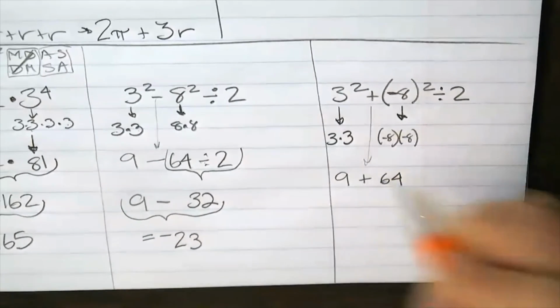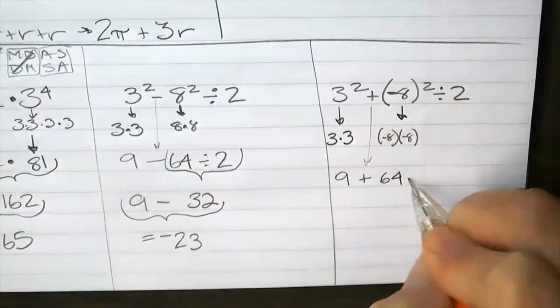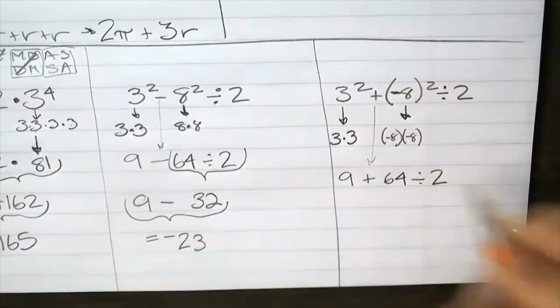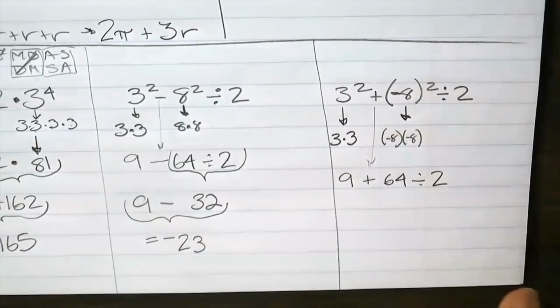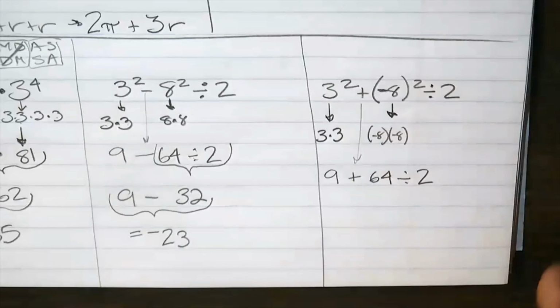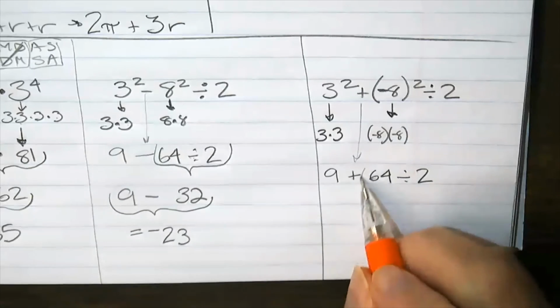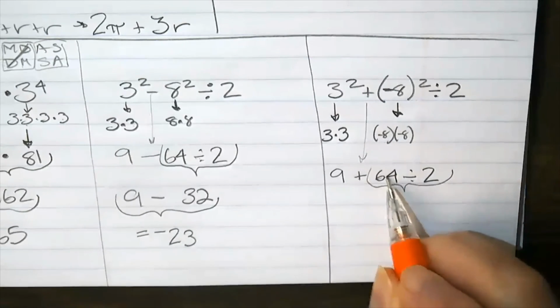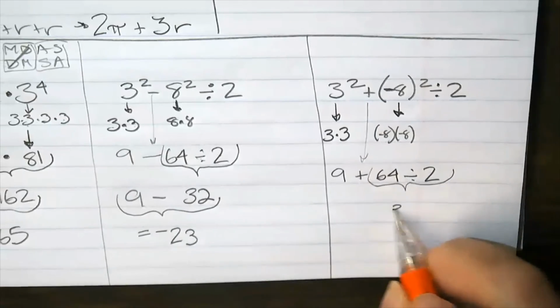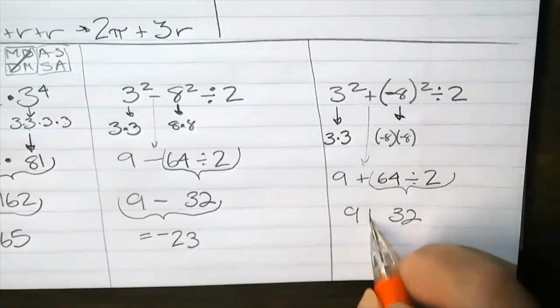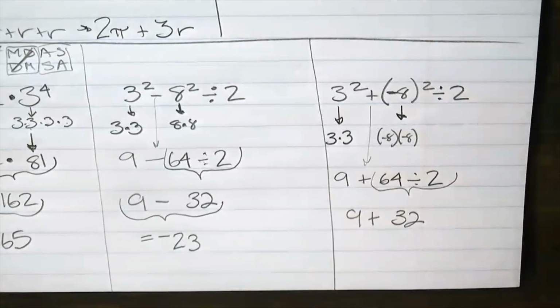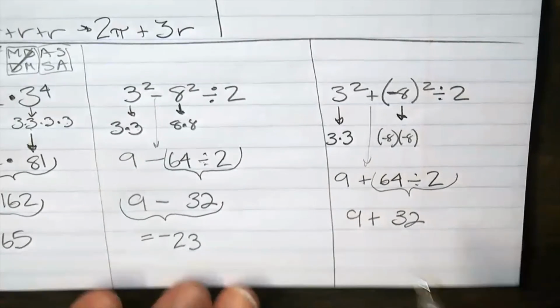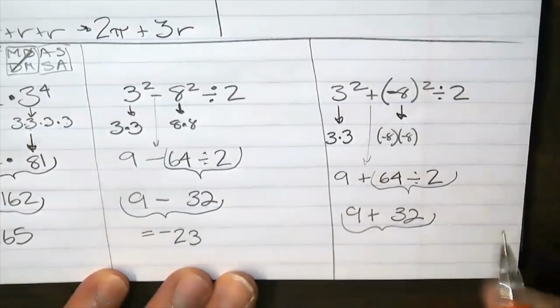Everything else comes down. Now I have multiplication division. 64 divided by 2 is 32. Everything else comes down. And then I have addition, subtraction.